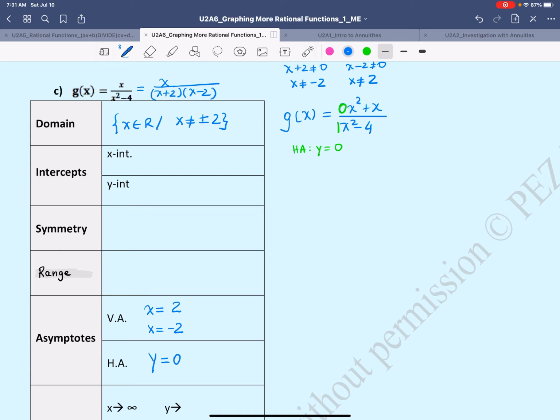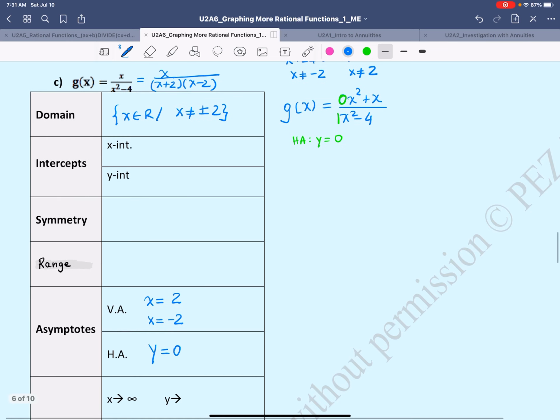Next, we are going to find the intercepts. So for x-intercepts, remember that we set y equal to 0, which means that 0 must equal x over x squared minus 4. And that tells us that x must be 0.